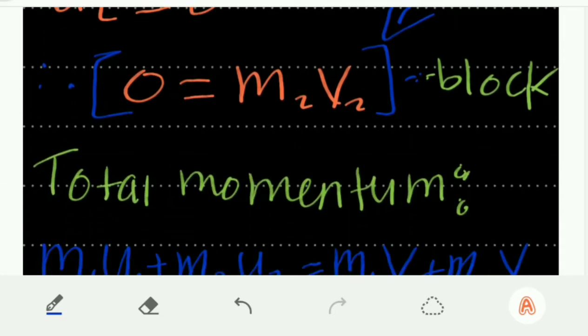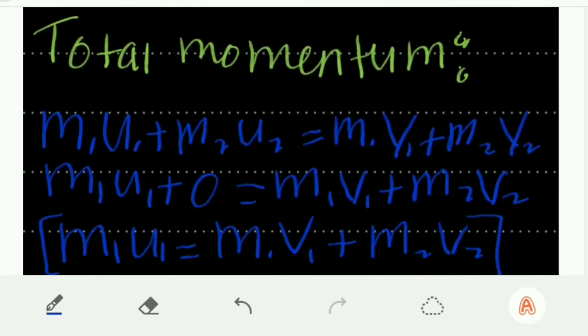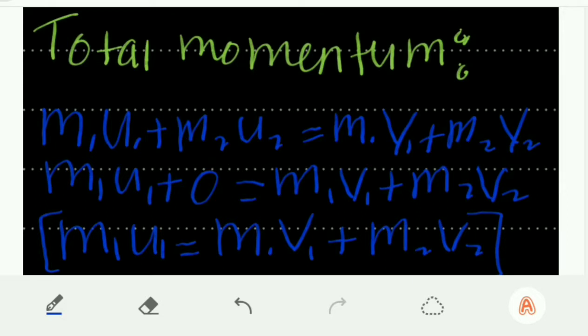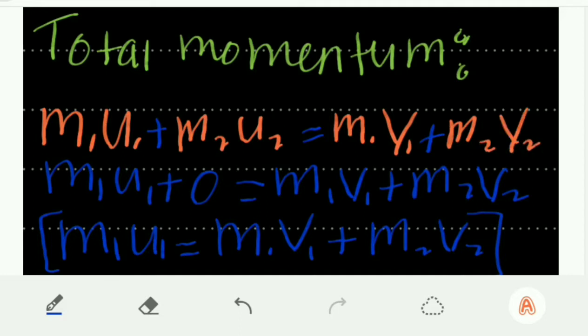Before the incident, we have the momentum of the bullet, m1 u1, plus the momentum of the block, m2 u2, equals the final momentum of the bullet plus the final momentum of the block.